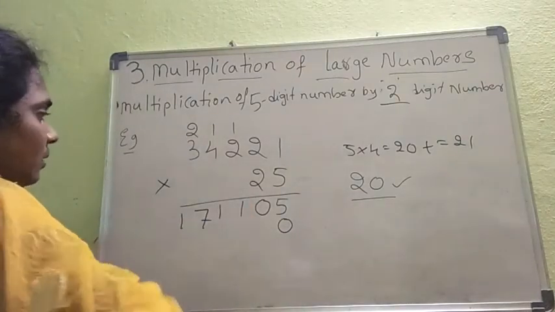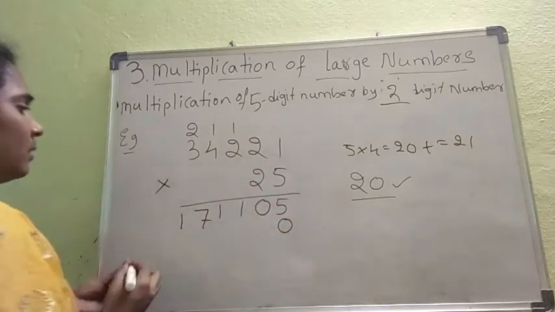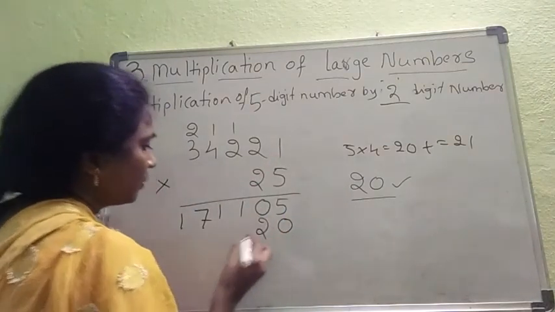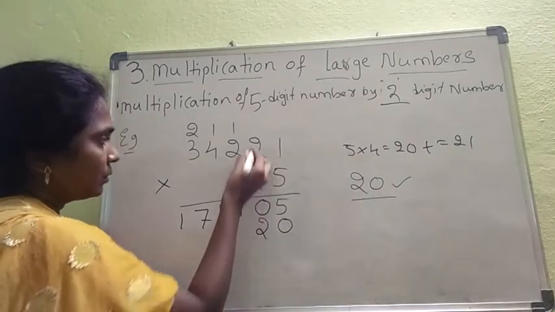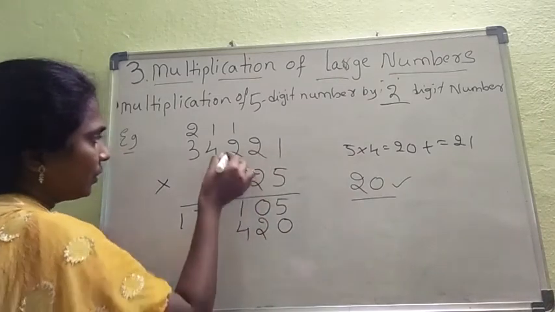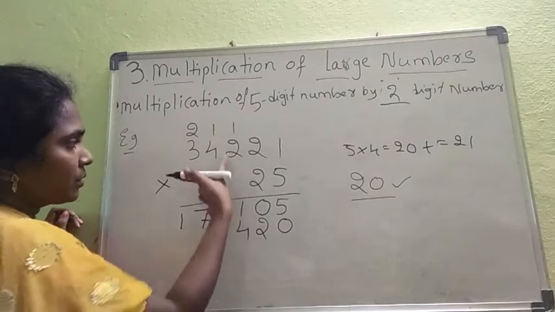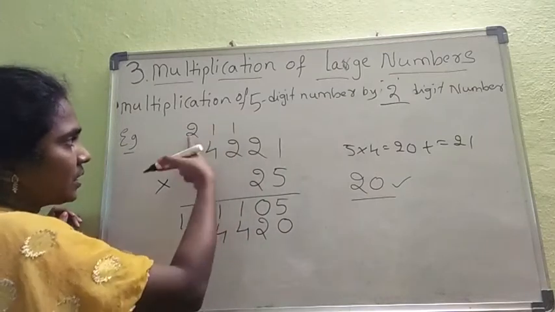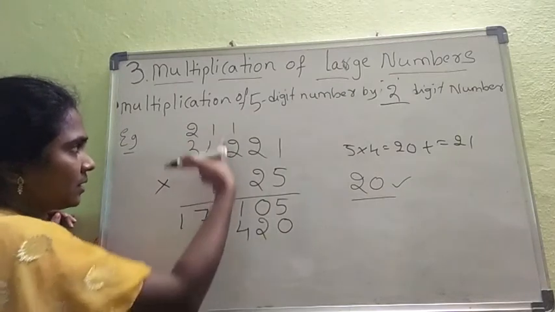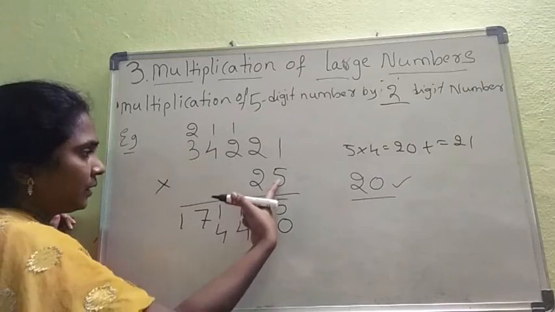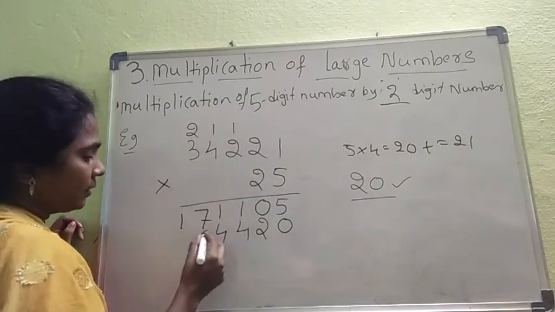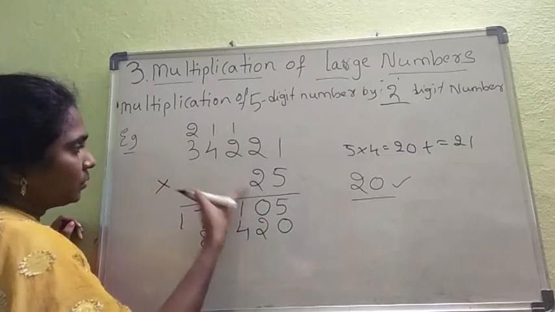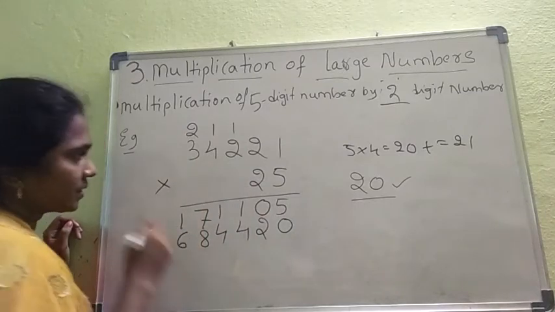Next, 2 ones are 2, right? 2 twos are 4, and again 2 twos are 4. Don't confuse these, these are the carries from the ones place digit multiplication. Now, 4 twos are 8, 2 threes are 6.